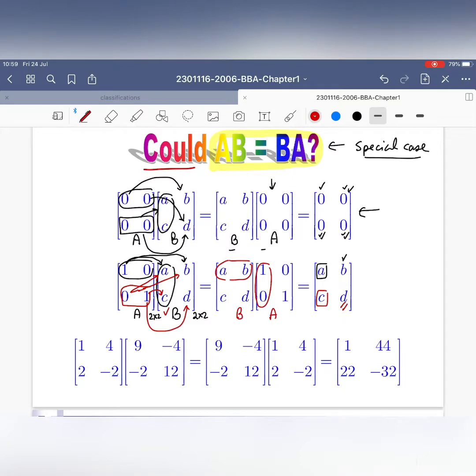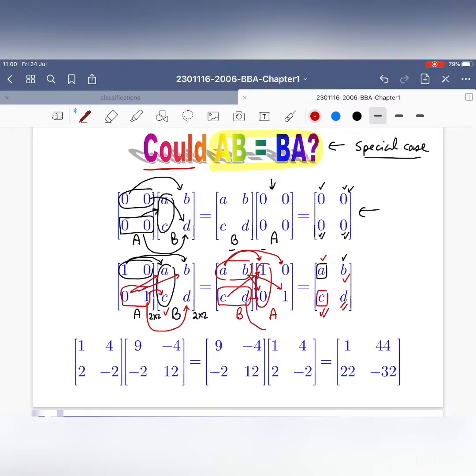The same thing happens if you do B times A, if you commute it. Here, A multiplies with 1, B multiplies with 0, so you get A. The second one, A multiplies with 0, B multiplies with 1, so you have a B right here. And for the second row and the first column, C multiplies with 1, so you have a C, and then D goes with 0, so it's gone.